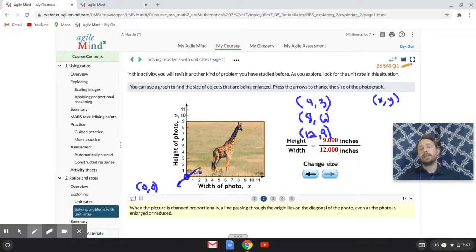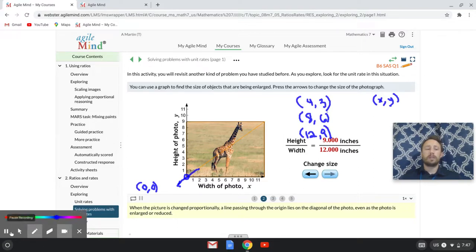And you'll see that using this graph, we're able to determine proportional ratios just as well as using multiplication to create proportional ratios. Because once again, if a line passes through the origin and it's a straight line, then that is a proportional relationship. So every ordered pair on this graph is proportional to our original image, which was a 3-inch tall by 4-inch wide photo.